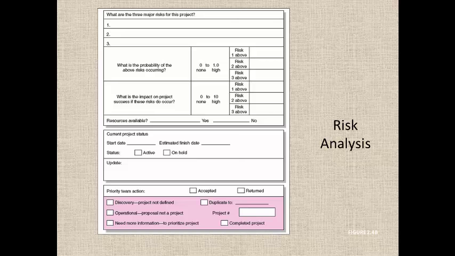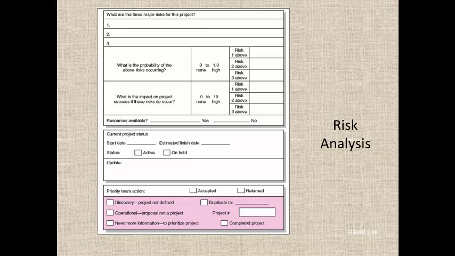You look at probability and impact and then come up with a risk score. Based on the higher risk scores, risks that are highly likely to happen and have high impact on the organization, project schedule, or delivery, you need a risk mitigation mechanism for such high risks.